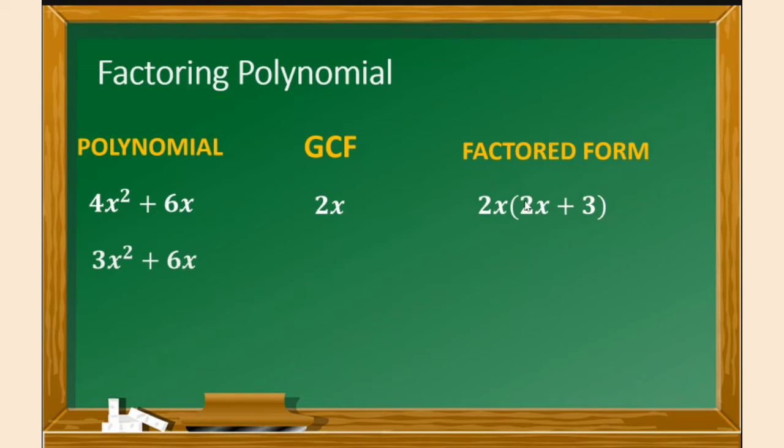How about the variable? X. 3x. So 3x is our GCF. What is the factored form? Again, i-divide natin term by term using the GCF. Original term, ano yung original term natin? 3x squared plus 6x divided by the GCF.